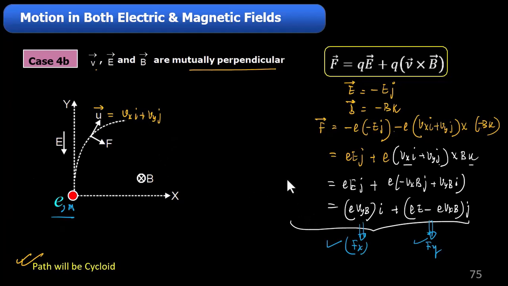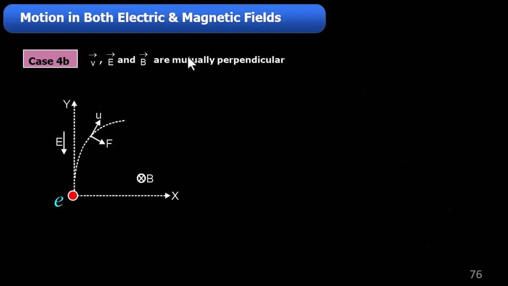Now moving on to the calculation of acceleration, let us say I am getting the value of Fx equals e into Vy into B. That is the Fx part. And similarly, Fy is equal to how much? Fy equals e into capital E minus Vx into B. Okay, so these are the two different forces acting on the particle.